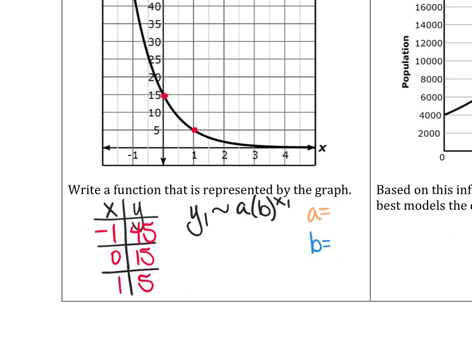So let's go ahead and pull up Desmos, put in the information, -1, 45, 0 and 15, and 1 and 5. Then put in your regression formula.